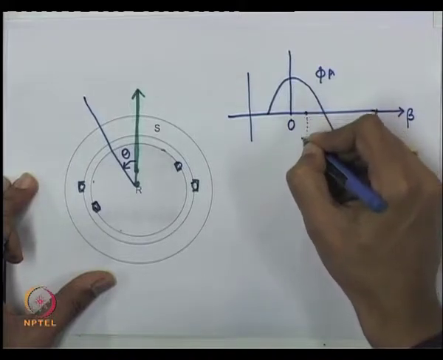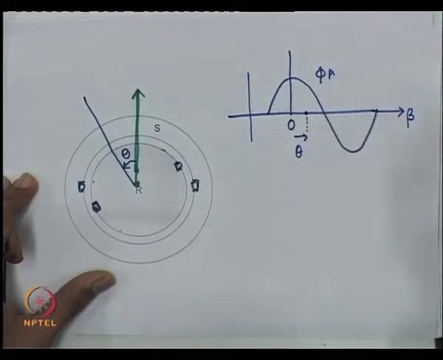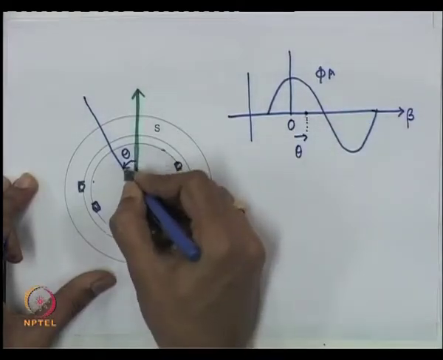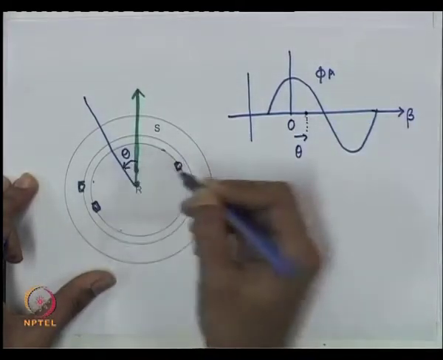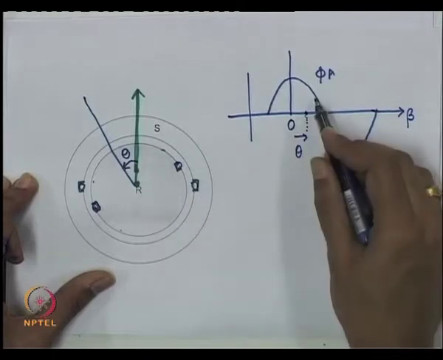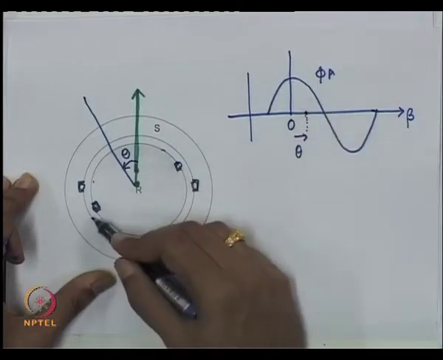And this is the angular position theta from this, so this is beta equal to 0, beta equal to theta. Now, the thing is, how much of this flux is actually linking with this winding?